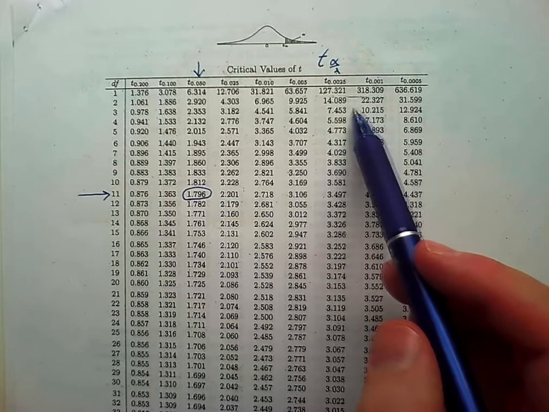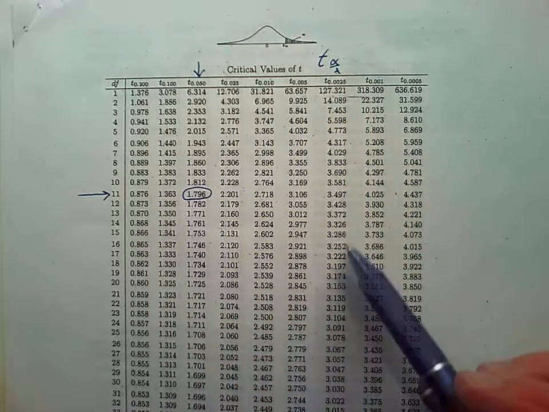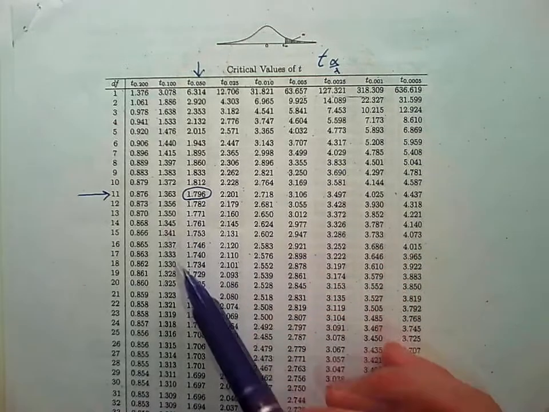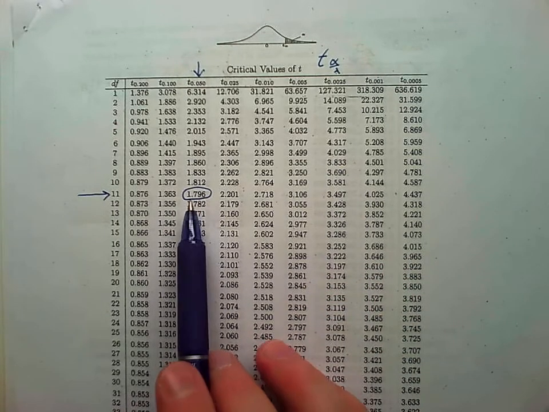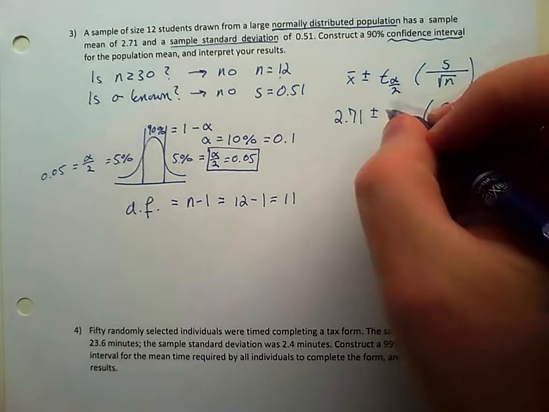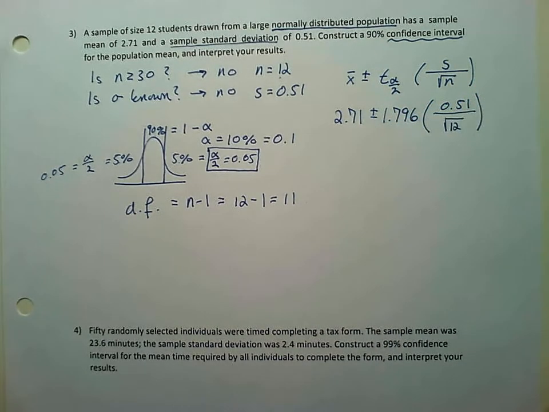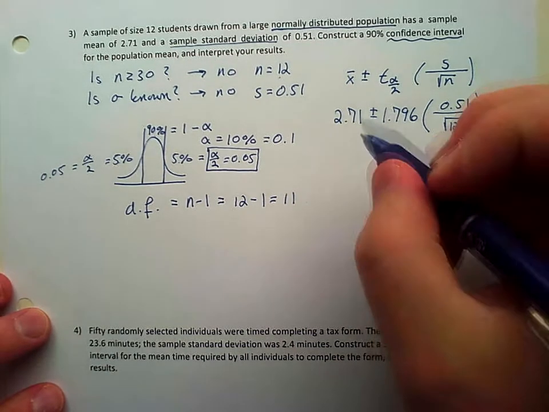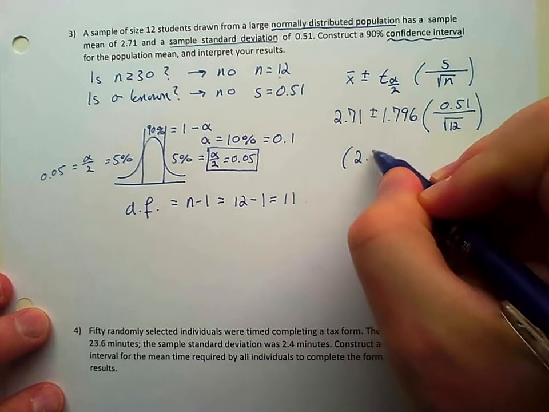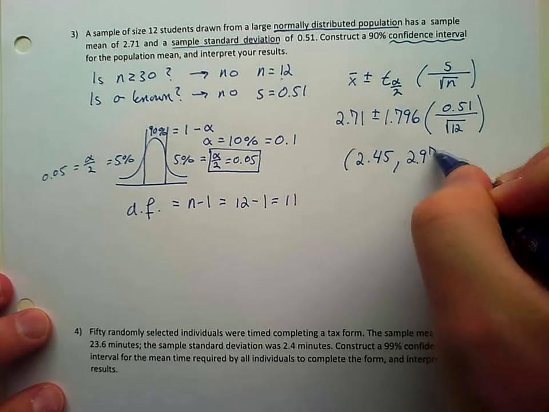Again, remember that unlike the z table, in the body of the t table, all of these values are t values, they're not percentages. So our t value is 1.796, and that's the value we're going to put right here. And bam! We're just down to arithmetic now. I'll spare you the arithmetic. We get 2.45 to 2.97.